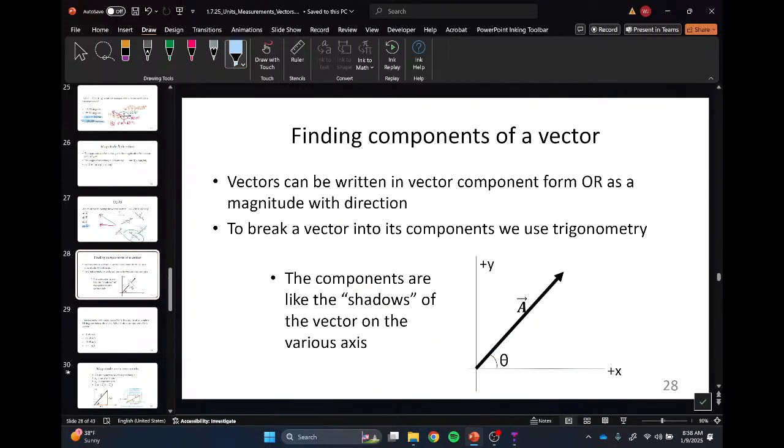Okay, so break things into components. This is something I haven't really said. I almost like to think of the components as the shadows of the vector. If you think of a light from above, the x component is like the shadow. So I want you all to practice this. Here's an arrow. Try to draw the components of it. Try to draw how much it points to the left or right, and how much it points up or down. Draw the right triangle. That's what I'm asking you to do.